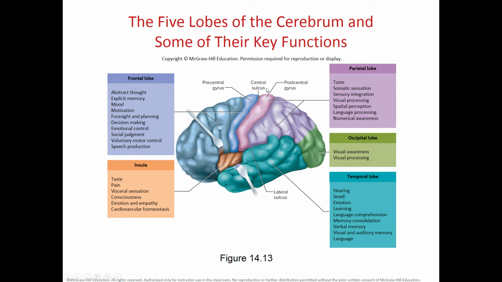And then here we have the central sulcus that subdivides this area of the cerebrum into two important gyri: the precentral gyrus in the anterior portion of the central sulcus and the postcentral gyrus in the posterior region of the central sulcus. And here it is, all the different functions of each of these lobes.